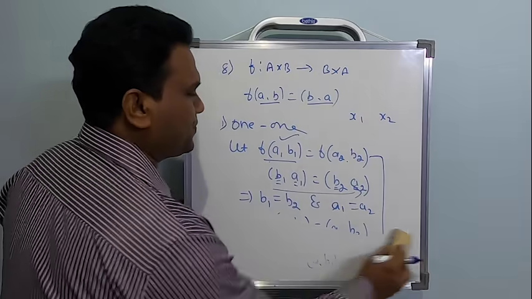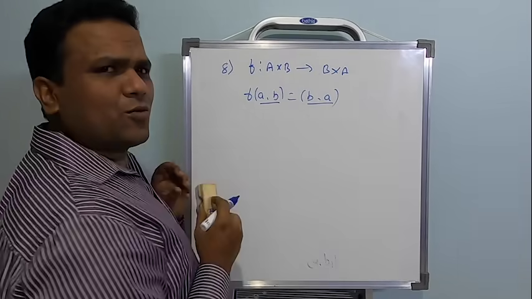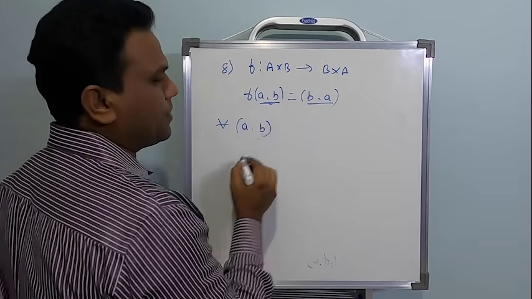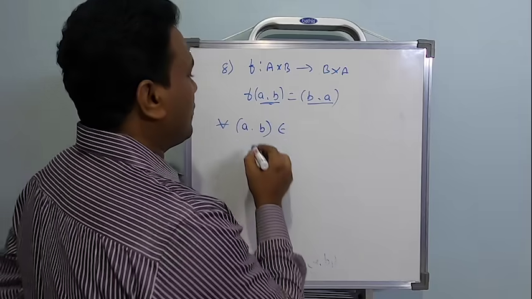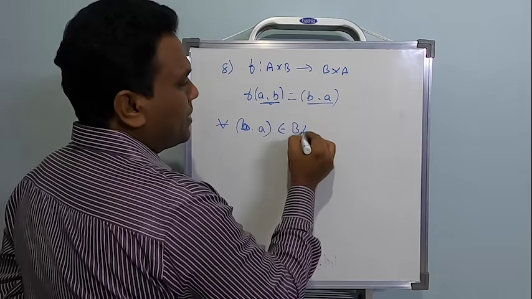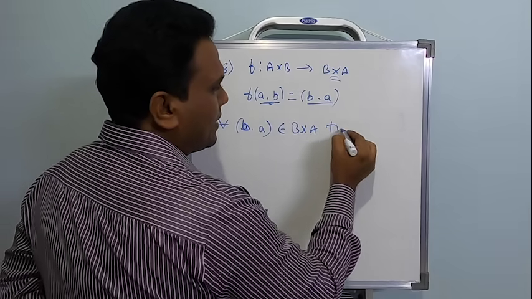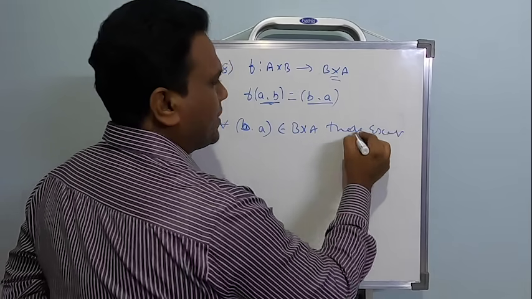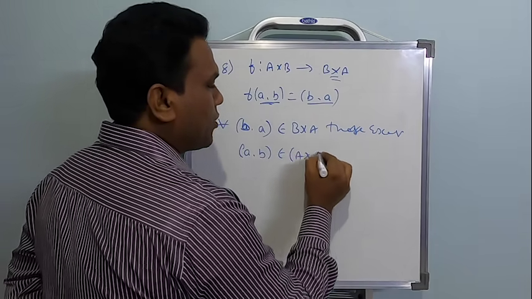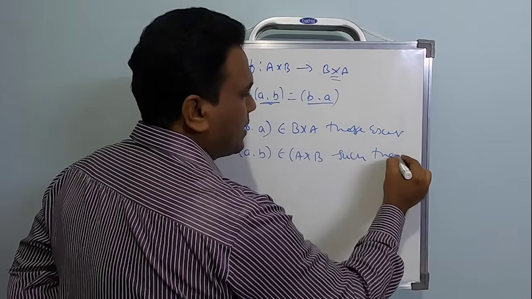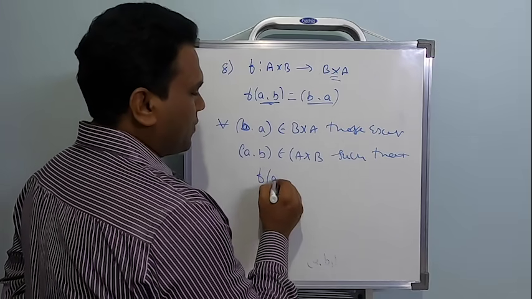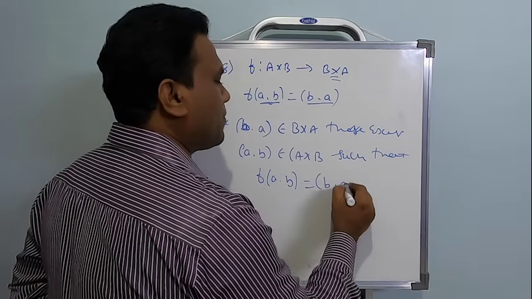Now to check for onto, I will just use the definition that is given. What they said is, for every element (b, a) belongs to the set B cross A, there exists an element (a, b) belongs to the set A cross B such that, I'm just using the definition that has been given to us, such that f of (a, b) is equal to (b, a).